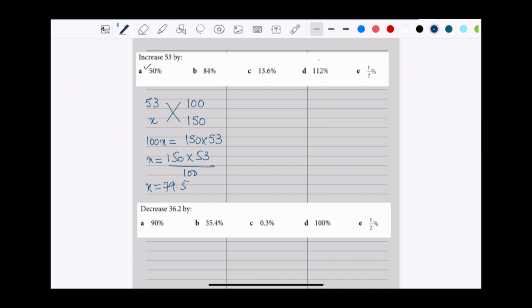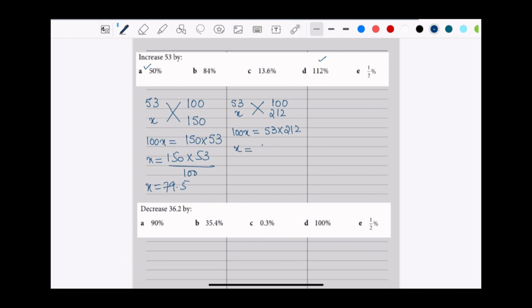So I'll solve another one here. So 53 is the original number, 100%, and then I need to increase it by 112%. So adding this makes it 212% and x. So 100x is going to be 53 times 212.